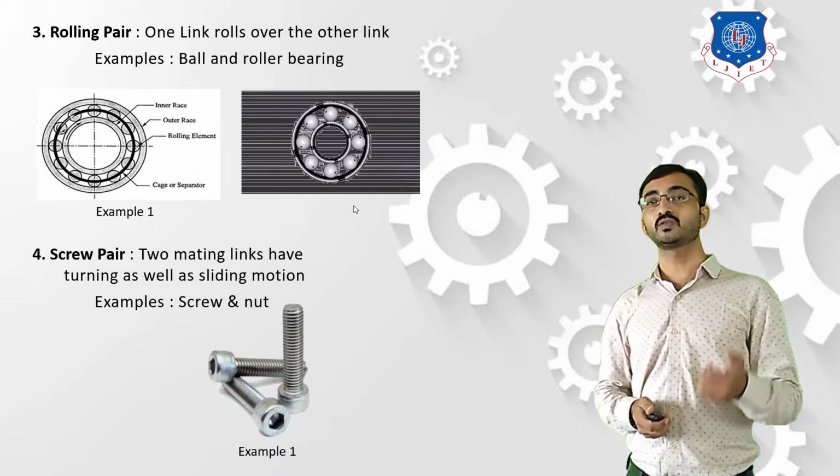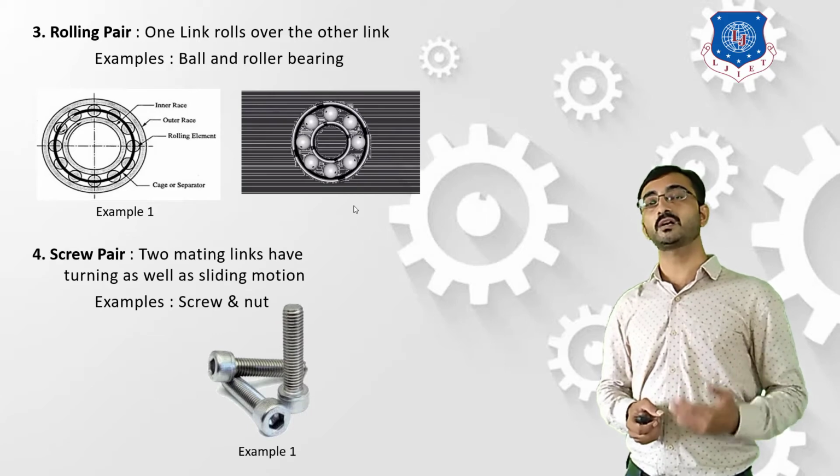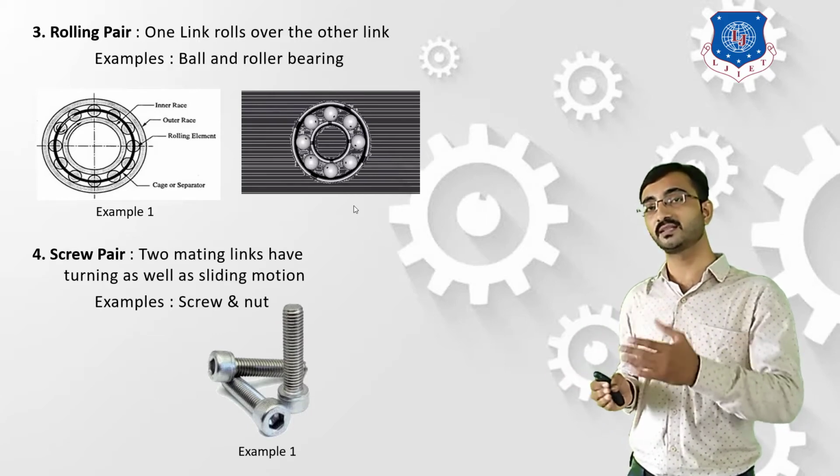The fourth type is known as a screw pair. As the name indicates, all screw and nut combinations can be termed as a screw pair. But how are they different from the other three?